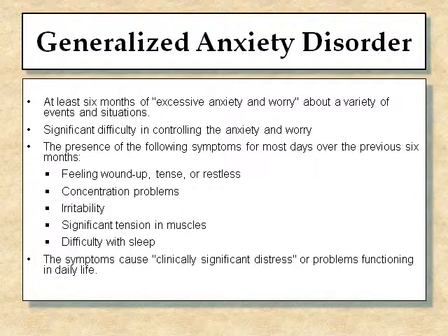And it's present for most days over the previous 6 months. Feelings of being wound up, tense, or restless, concentration difficulties, irritability, significant tension in muscles, and difficulty with sleep. An important piece also is that the symptoms cause significant distress and problems functioning in daily life.